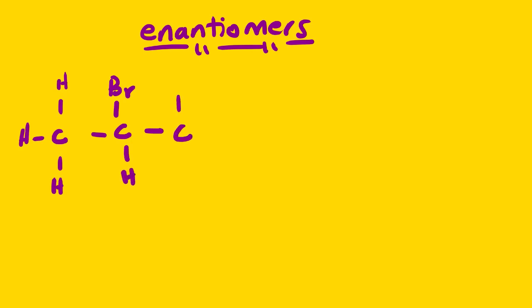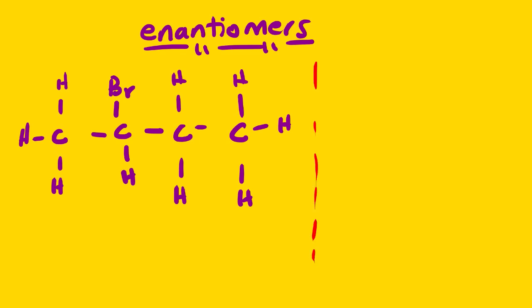Okay, it's actually bromo, we need another carbon atom here. So we know very well if we put a mirror here, our bromine will be located somewhere here. It's just a mirror image. So this is 2-bromobutane. Let me actually draw it quickly.